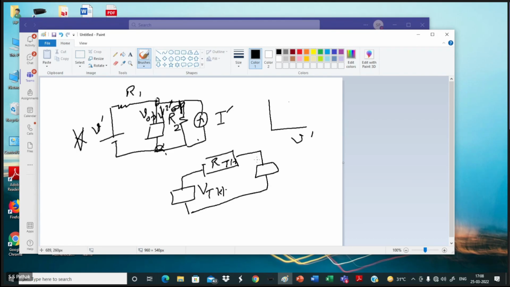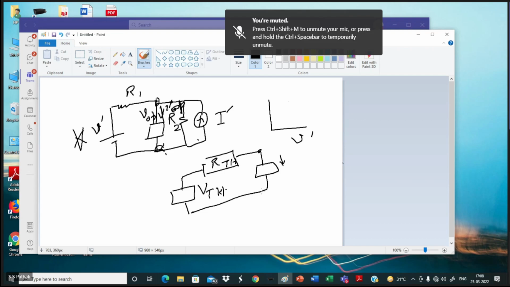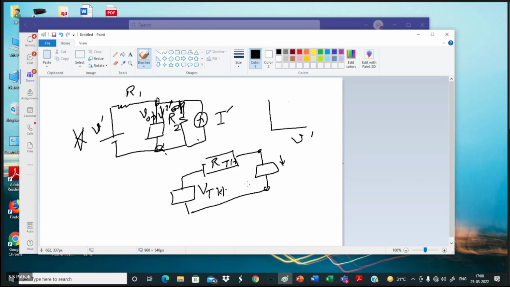This characteristic is already plotted in the curve. Now we want to find from this VI characteristic, this V and this I will be changing according to this VTH.